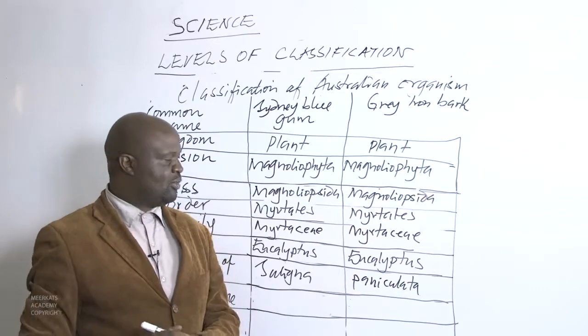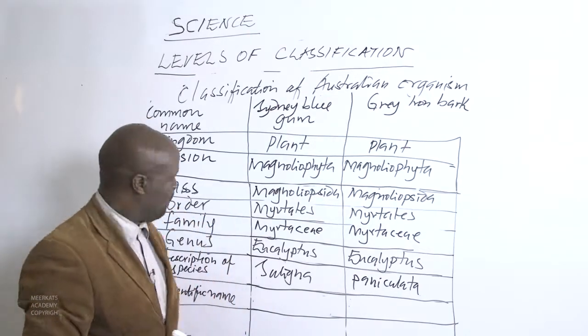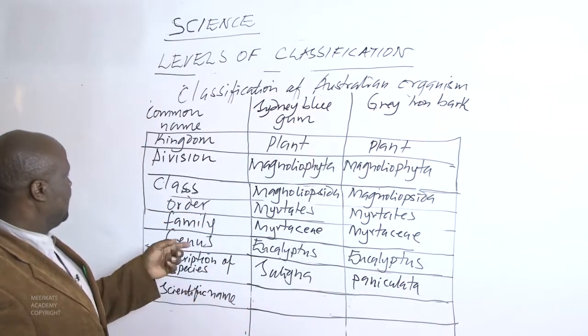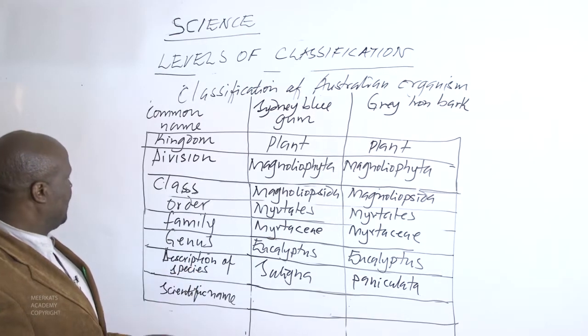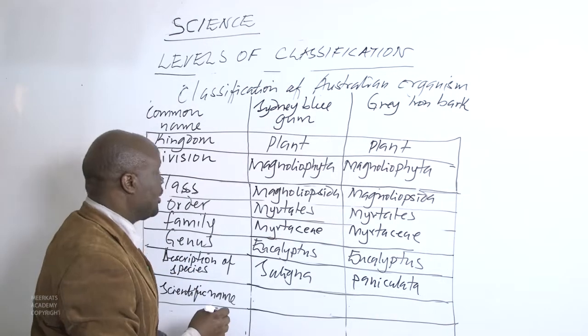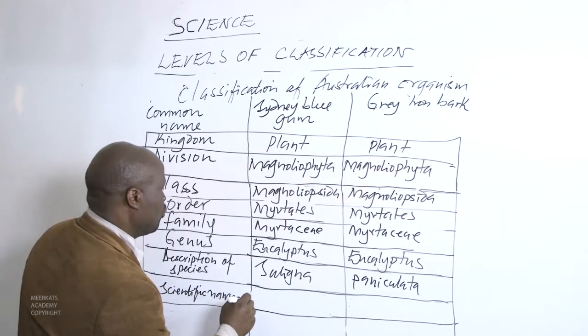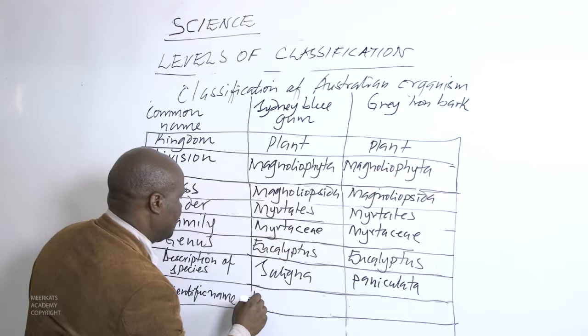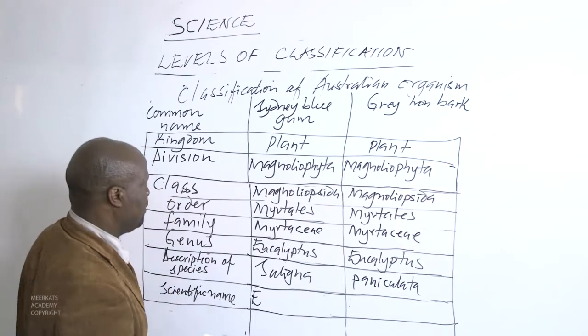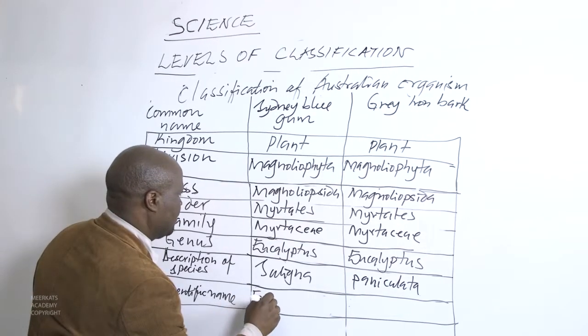Now, when it comes to writing the scientific name, we use the genus name followed by the species being the last. So when writing the scientific name for the Sydney blue gum, we shall start with Eucalyptus, with a capital letter E.